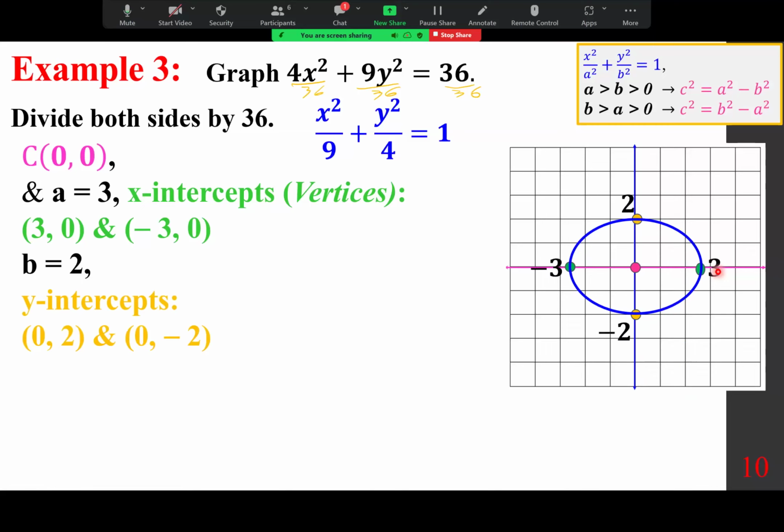So we have those points. If they ask for the domain, it is from -3 to 3, and the endpoints are included. If they ask for the range, it goes from -2 to 2.